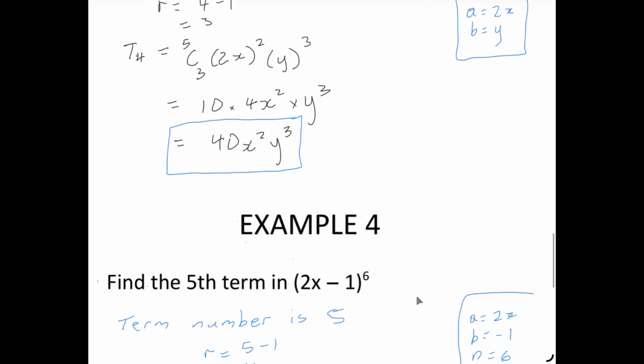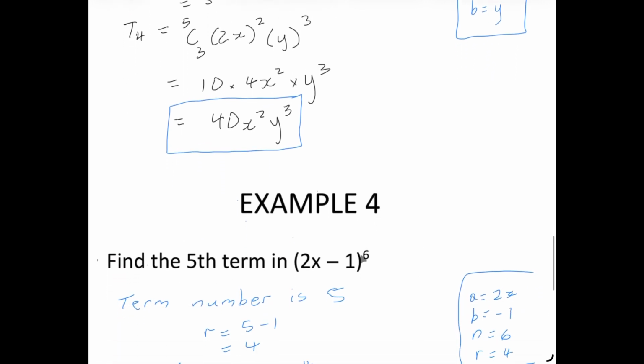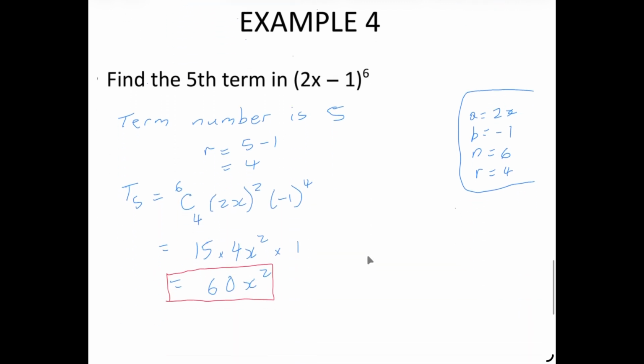Okay, let's look at one more example. Example 4 says, find the fifth term in (2x minus 1) to the 6th power. Now, the term number is 5 from the fifth term. So r is equal to the term number minus 1, which is 5 minus 1 equals 4.